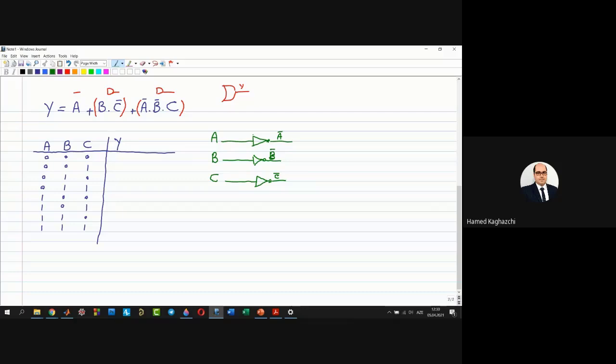Now I produce both of them: A bar, B, B bar, C, C bar. So first of all, I produce the variables which are multiplied inside the parentheses: B dot C bar, ANDed together. Now I draw the AND gate. B, here is B.